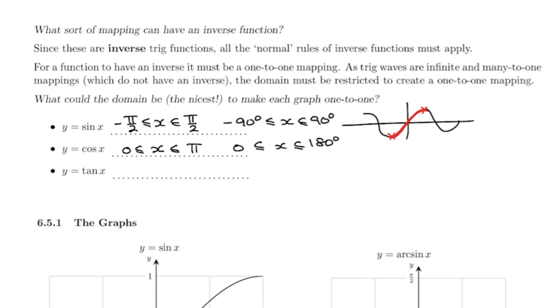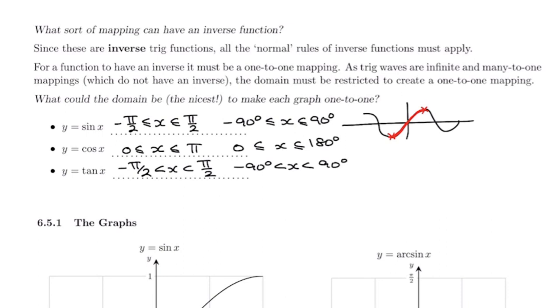So you know you've got vertical asymptotes at pi over 2. So my restriction is negative pi over 2 is less than x, which is less than pi over 2, or negative 90 is less than x, which is less than 90. Of course, because we've got vertical asymptotes, we can't have those values.